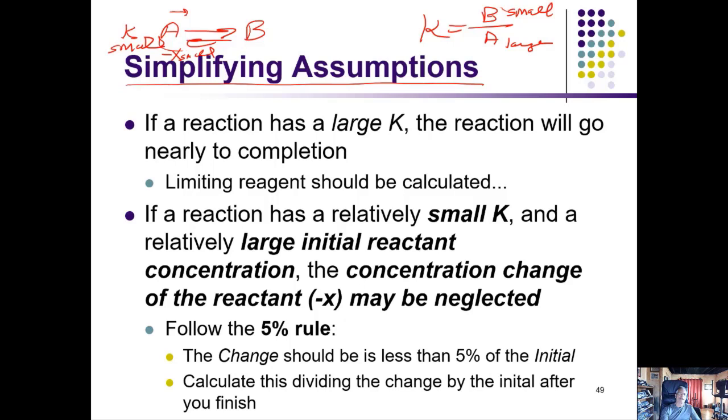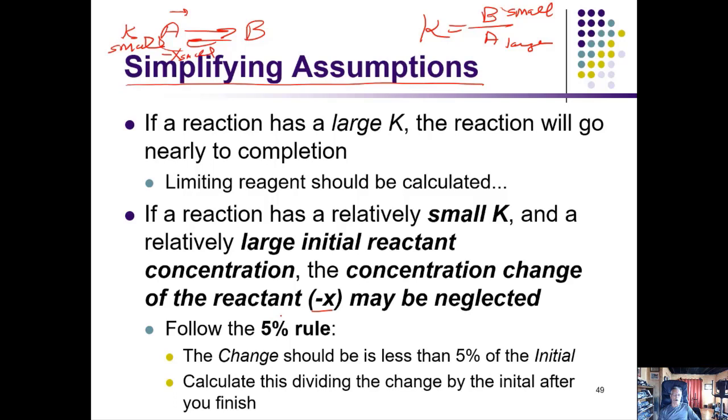So if a reaction has a relatively small K and a relatively large initial reactant concentration, the concentration change of the reactant, the minus X, may be neglected in that particular case.